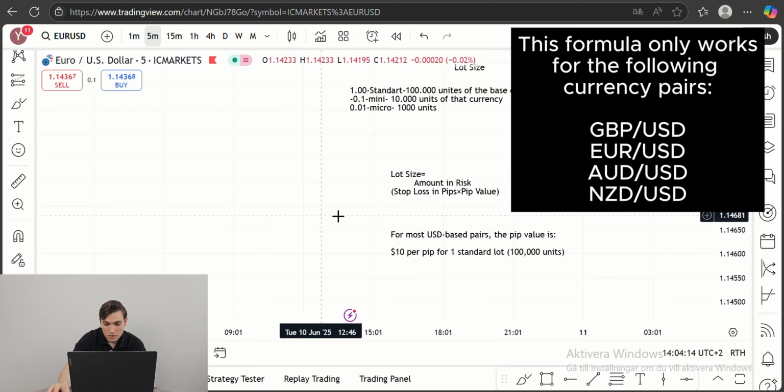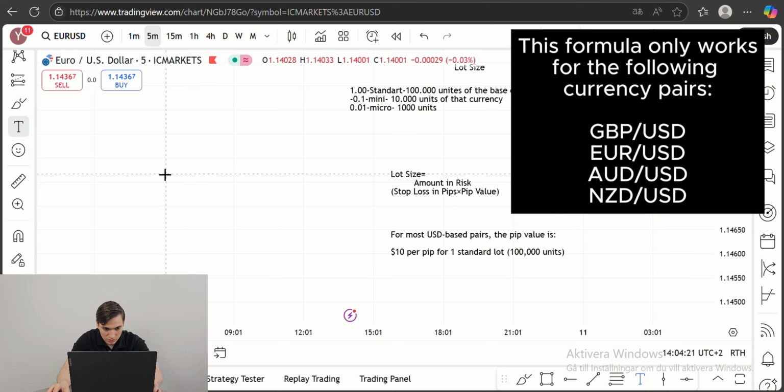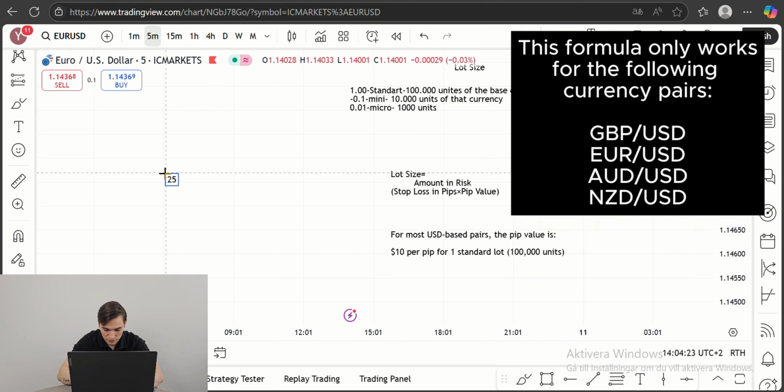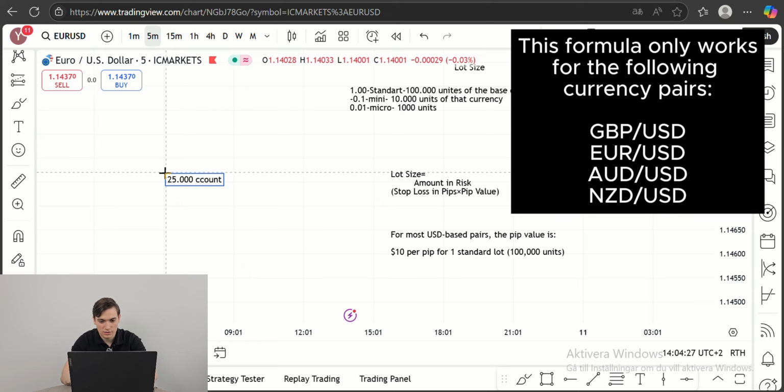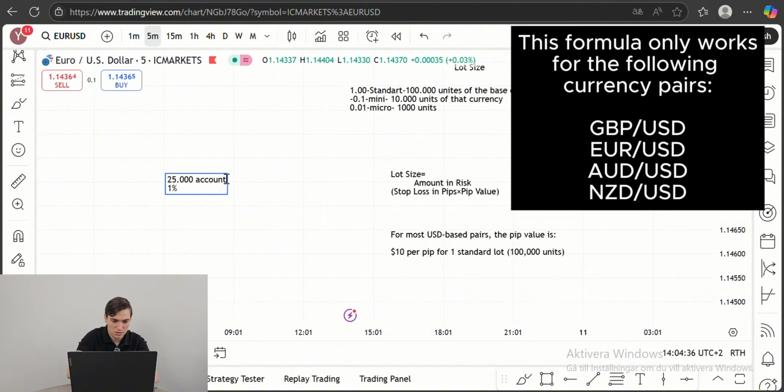Okay, lot size is the amount at risk. Let's say that I have a $25,000 account, and I want to risk 1%. How much is 1%?